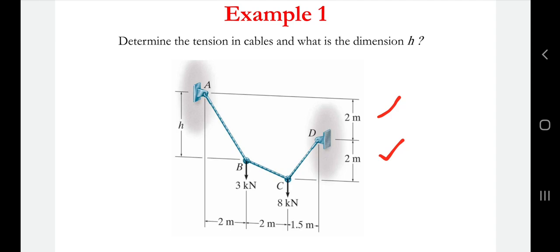Between B and A is h, that we have to calculate. Between B and C is not mentioned, and B and D, it is not mentioned. The horizontal distances are 2, 2 and 1.5 meters, as you can see in the figure. Now what we have to do is determine the tension in cables and the dimension h.